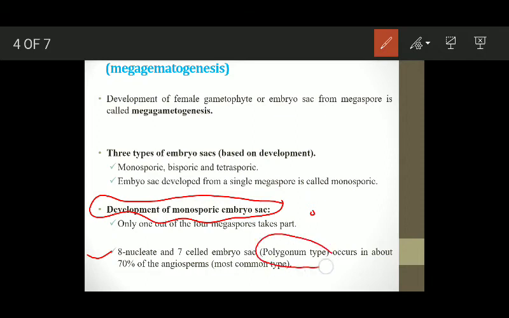This type of embryo sac is also known as the Polygonum type because it was first reported in Polygonum. It is the most common type, found in 70% of angiosperms, and that is why we are discussing this type of embryo sac only.